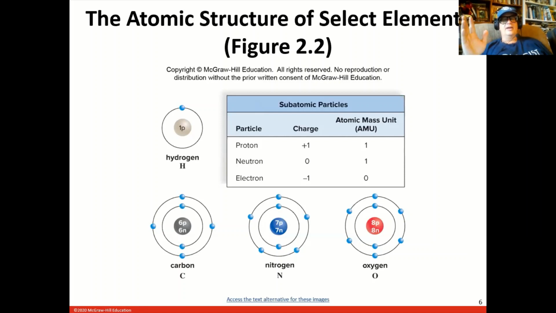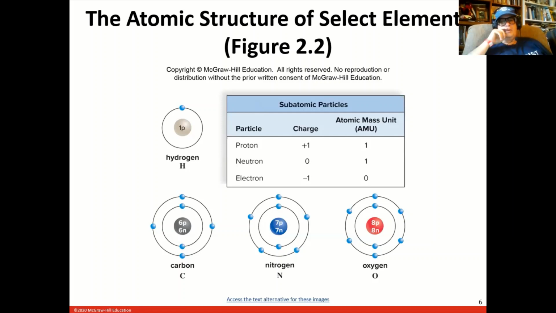All atoms want to have 8. Okay. So if you look, carbon's got 4 in that outer layer. Valence layer 4. Carbon wants 8. So that means carbon wants to borrow or share until it can get to 8. That means carbon will want to make 4 bonds.